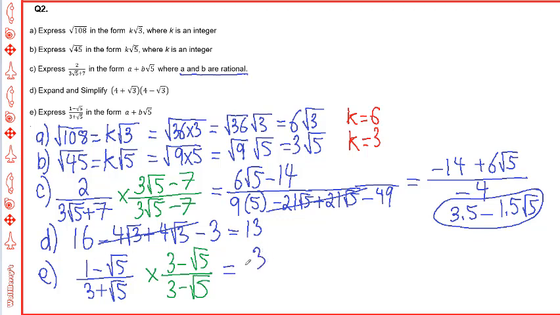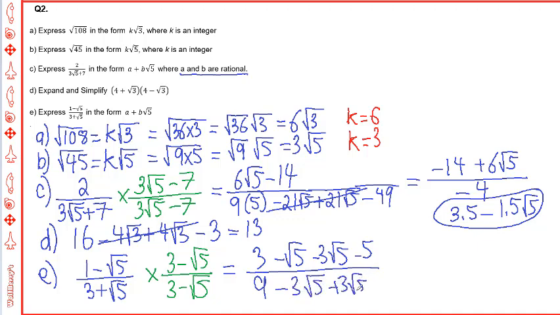Go ahead and do the top, so it's going to be 3 minus root 5 minus 3 root 5 minus 5, all divided by 3 times 3 is 9, and again follow through with this same denominator, plus 3 root 5 minus 5.